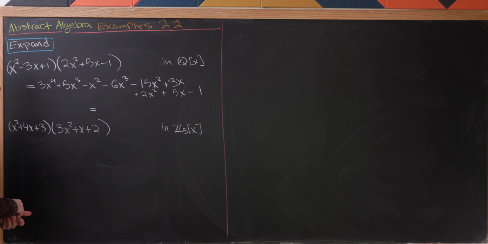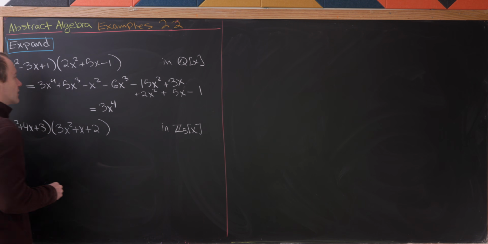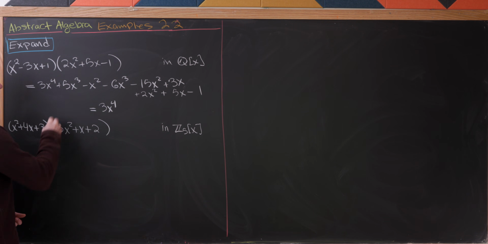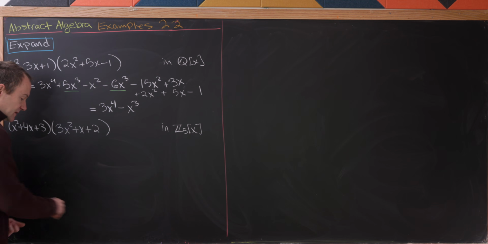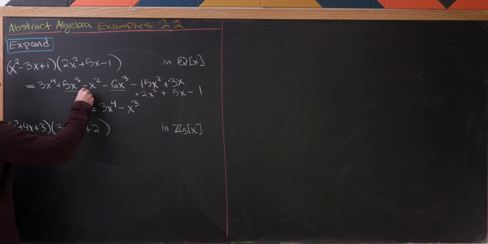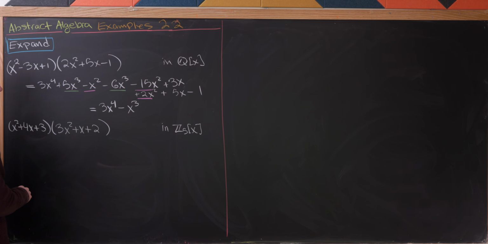And now we have to push all of these together. So let's see, we only have a single x to the fourth term, that's 2x to the fourth. And then we have 2 x cubed terms. Those will combine together to be minus x cubed. And then we've got, let's see, 1, 2, 3 x squared terms.